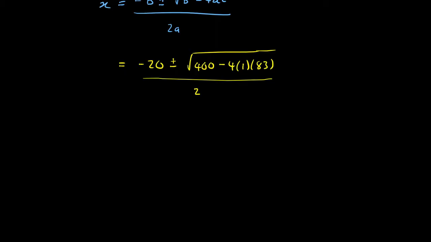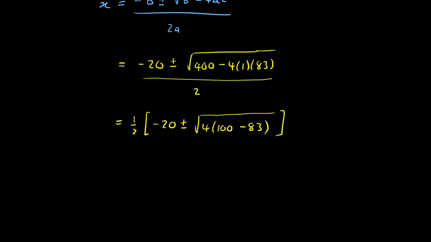Okay, so now let's try to simplify this. We have got a half, bracket negative 20 plus or minus the square root of, well, actually, I think what I'll do is I'll factorize out the 4 first. So 4 bracket 100 minus 83.